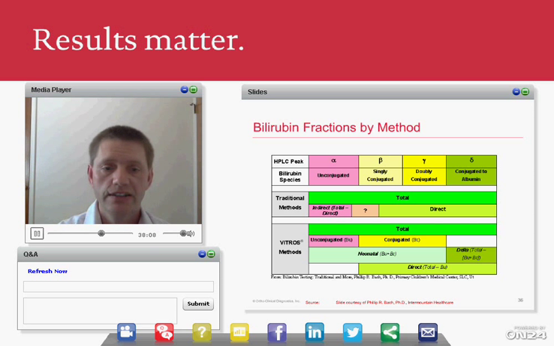The direct bilirubin method will see the majority of the conjugated bilirubin, but it will also see a small amount of the unconjugated bilirubin. In contrast, the spectral reading that's done for the BBC slide will separate out unconjugated from conjugated with high specificity.